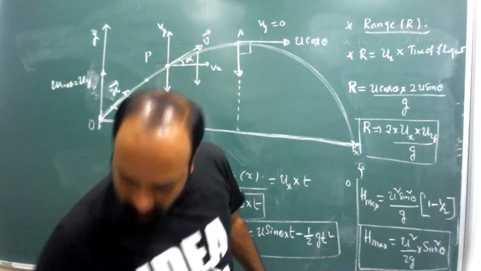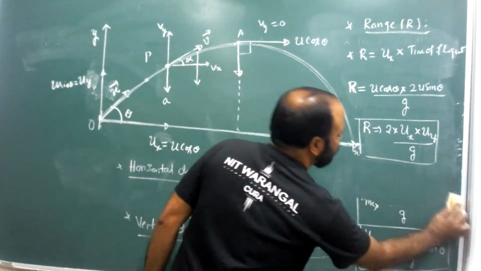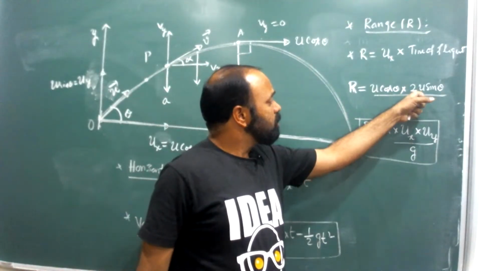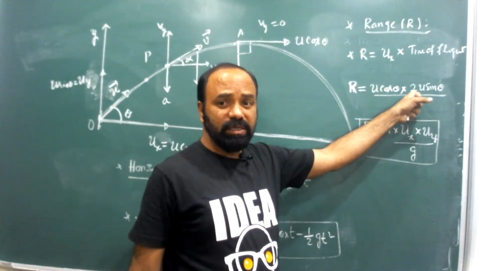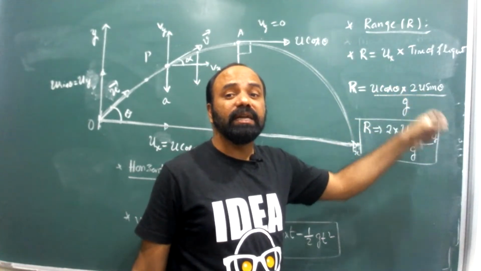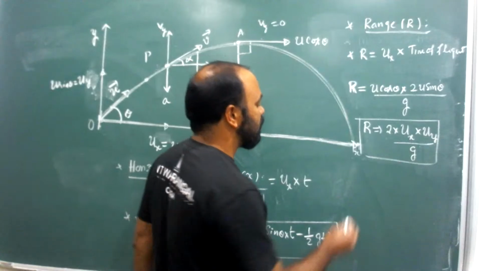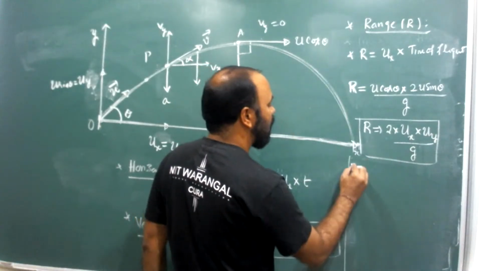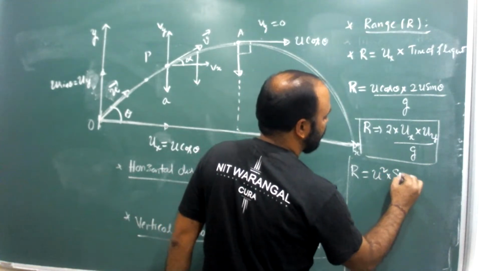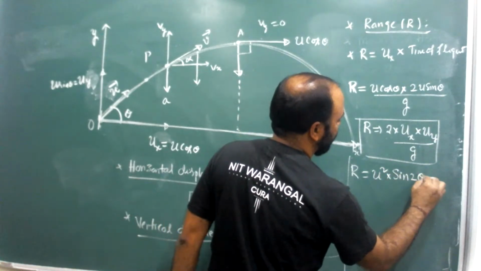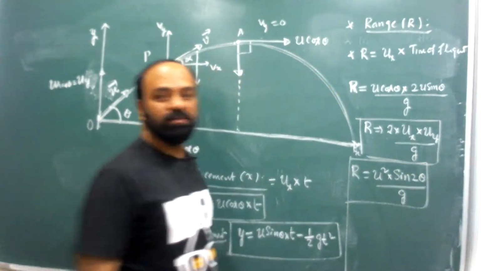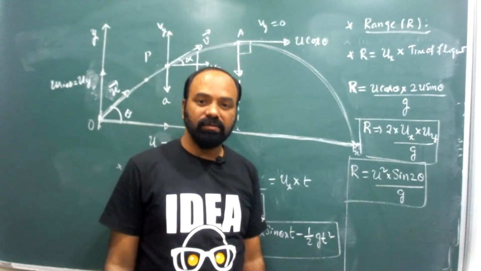Otherwise, we have one more formula: 2 u square sin theta cos theta, and 2 sin theta cos theta is sin 2 theta. So we can write R equals u square sin 2 theta by g. This is the range formula.